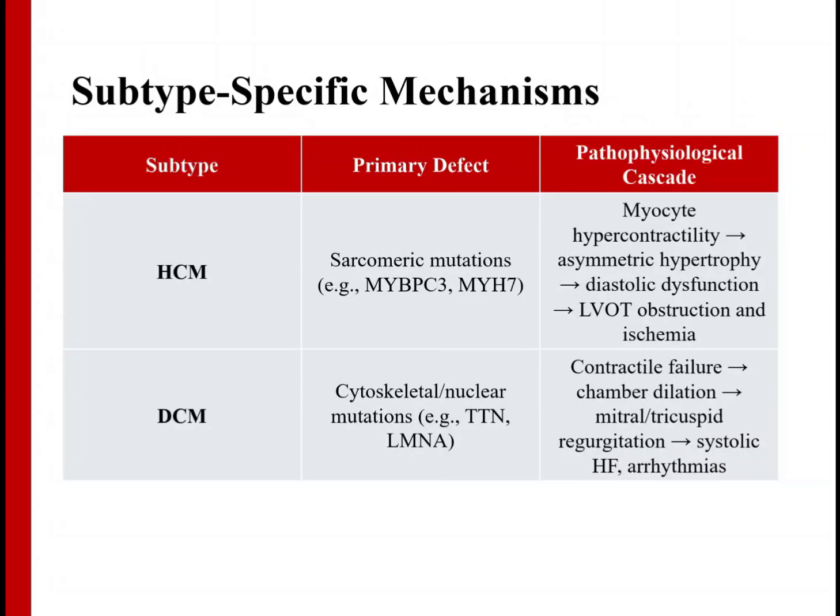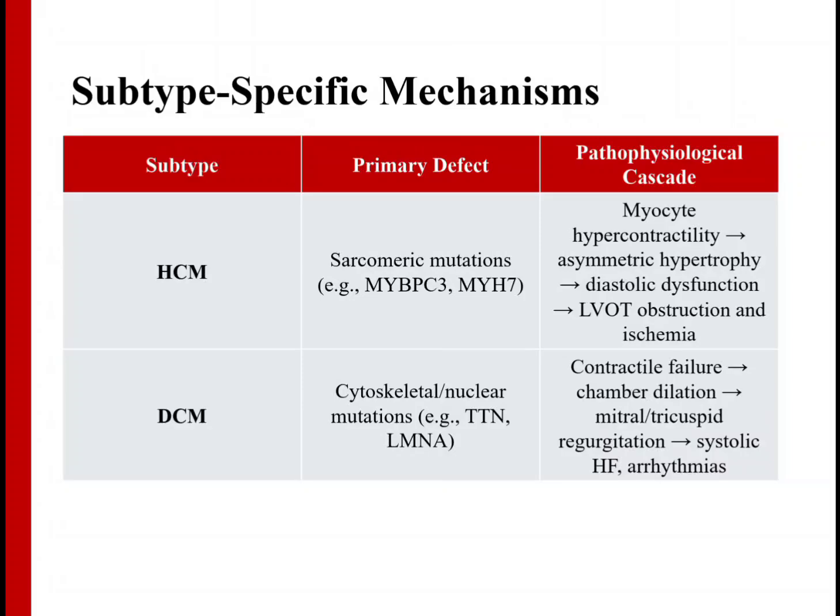Now let's re-anchor what we just talked about into all the major 4 clinical subtypes or phenotypes. Hypertrophic cardiomyopathy starts with sarcomeric mutation, usually MYBPC3 or MYH7, and the result is myocyte hypercontractility.